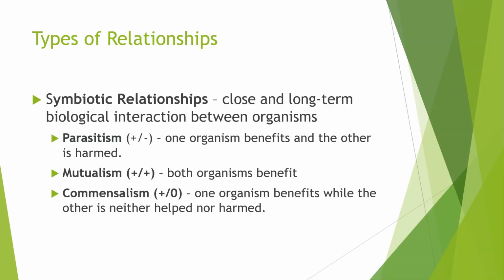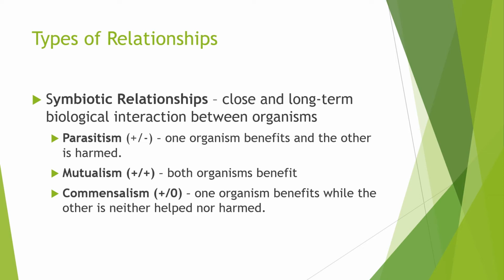So in ecology, in interactions between different species, there are several different kinds of relationships. First being a symbiotic relationship, which is a close and long-term biological interaction between organisms. Okay, so close as in like being actually personally close, and then a long-term biological interaction between organisms.